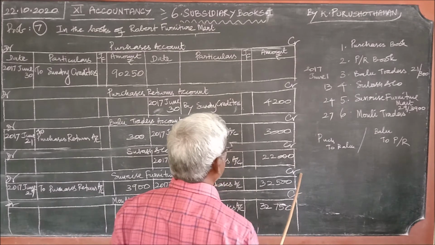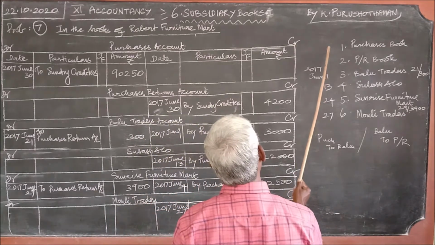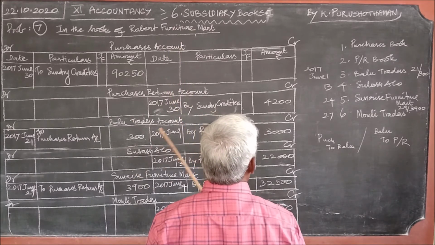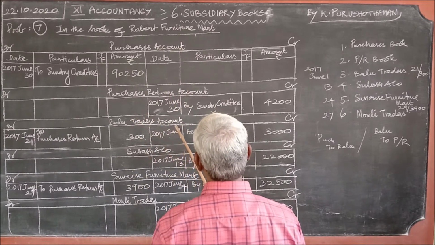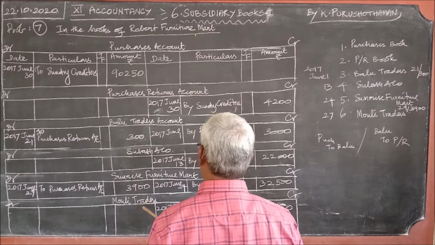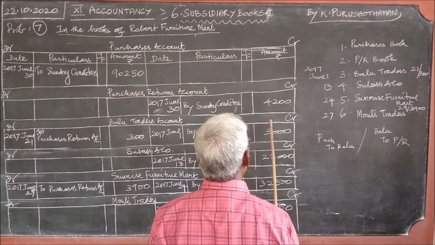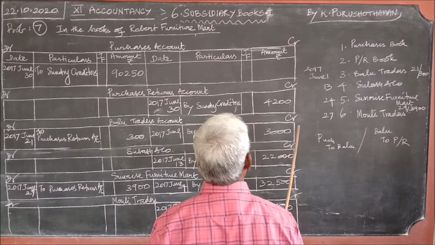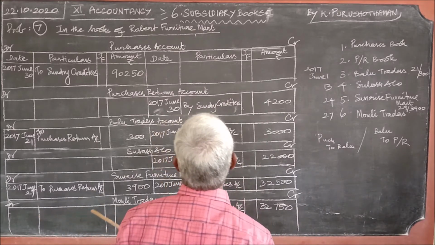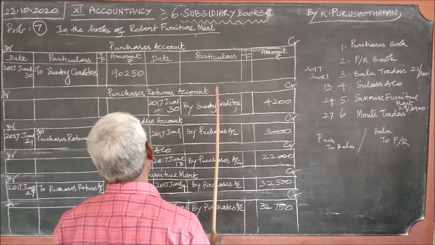There are four traders: Balu Traders, Subhash & Co., Sunrise Furniture Mart, Mauli Traders. We purchased from these four traders. So totally 6 ledgers.